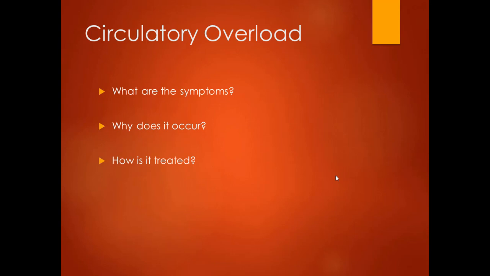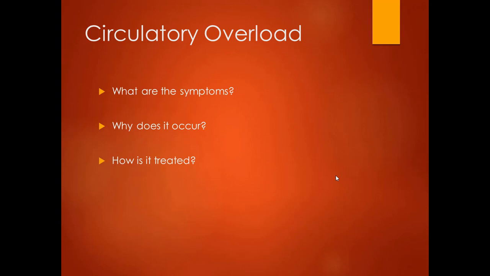Blood pressure is going to spike, their neck veins are going to distend. We're going to actually hear the S3 when we're listening to them, and we might be seeing peripheral and pulmonary edema. It's the same symptoms as a CHF patient that's exacerbating.